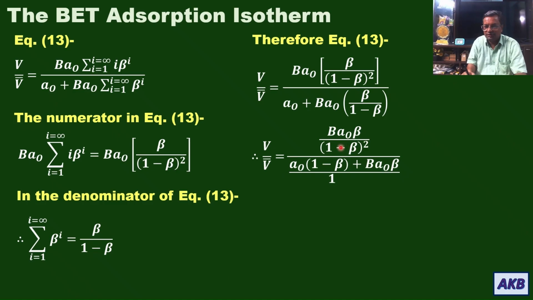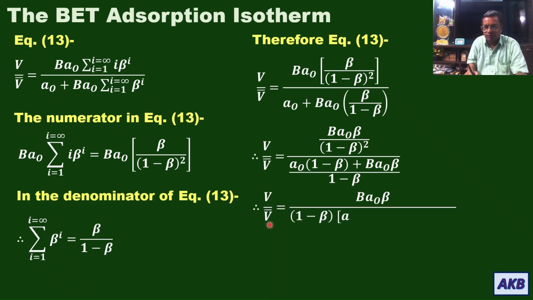We will simplify it further. So this is b into a naught into beta divided by 1 minus beta square, and in the denominator you have a naught into 1 minus beta plus b into a naught into beta, divided by 1 minus beta. I have simplified it.